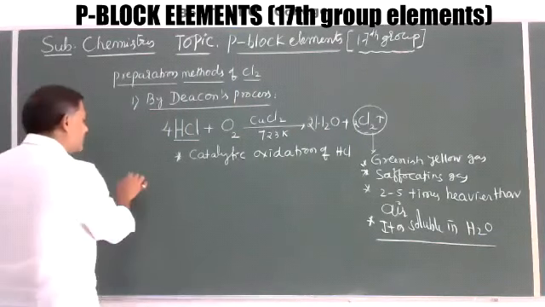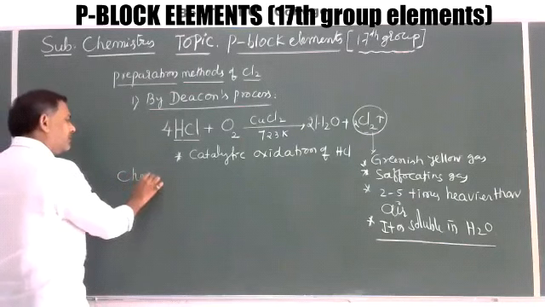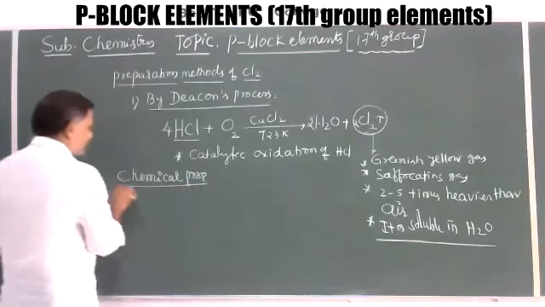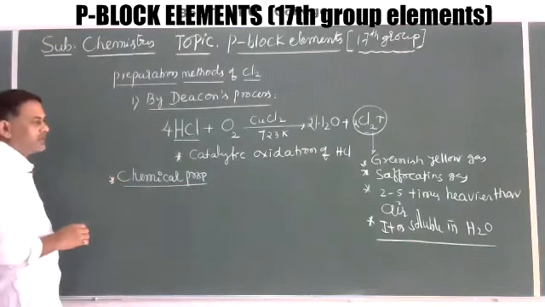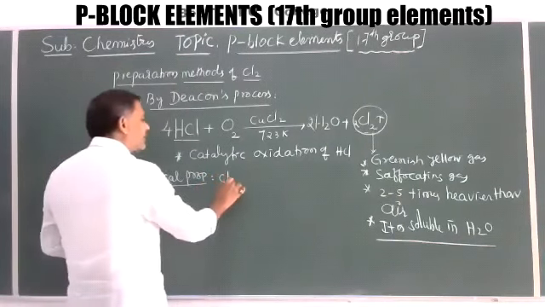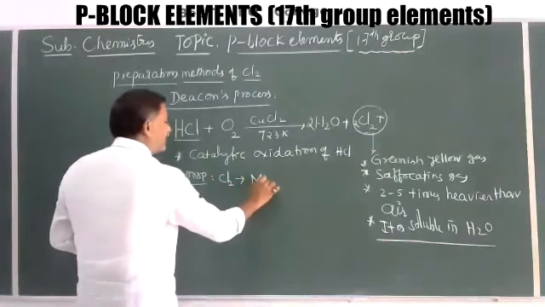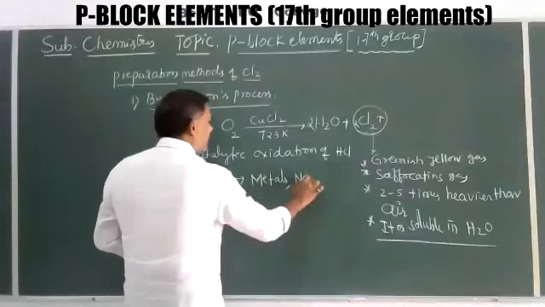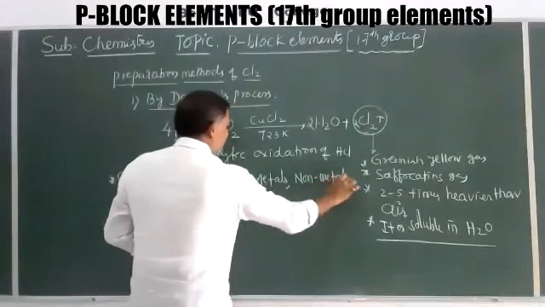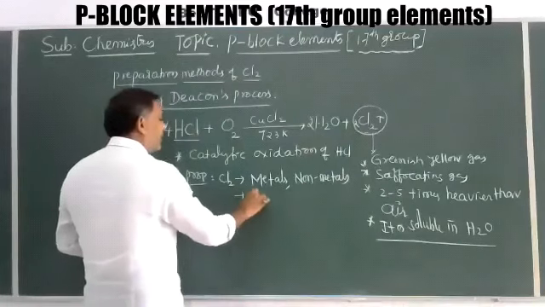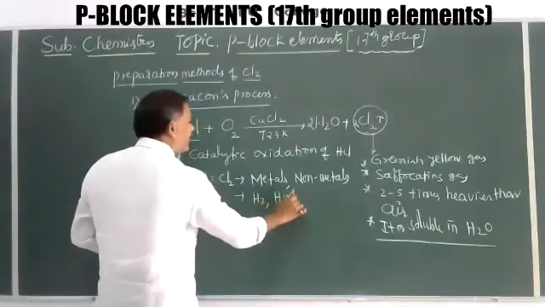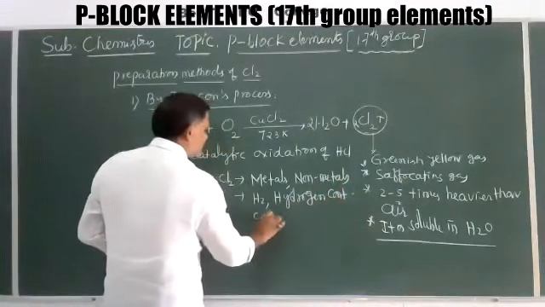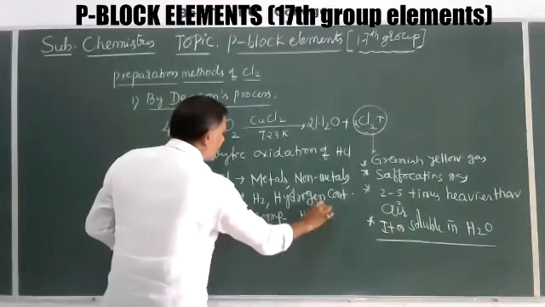Now the chemical properties of chlorine. These are very, very important chemical properties. Chlorine Cl2 reacts with metals, reacts with non-metals, reacts with hydrogen or hydrogen containing compounds, or hydrocarbons.